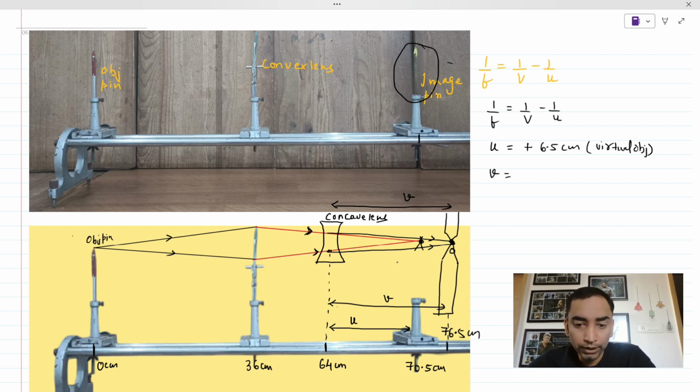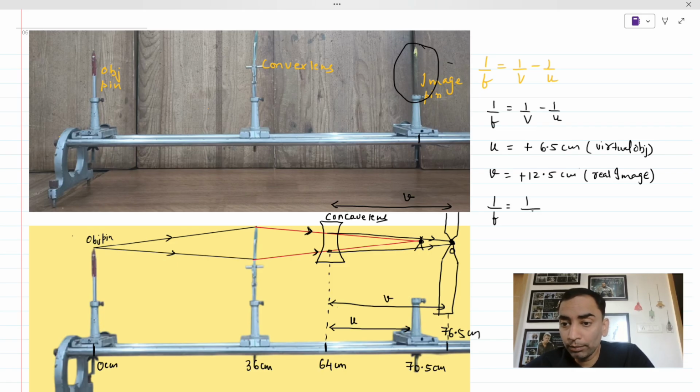The final image for the concave lens is the gap between 64 and 76.5. So that is plus 12.5 centimeters. Since it is a real image, it is formed behind the lens. So this is a real image. I'm going to use these two numbers to find f. Your f must come negative, guys.